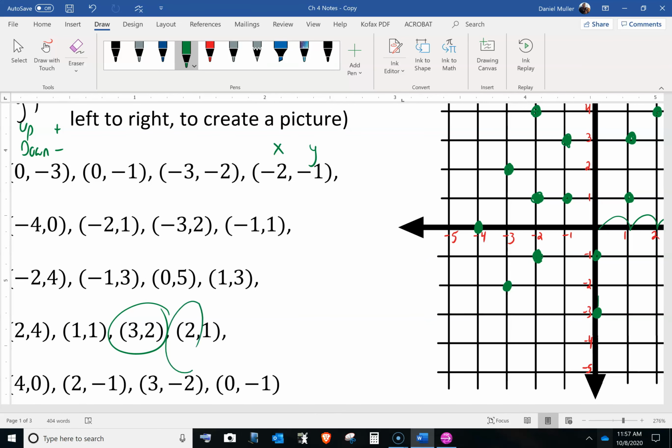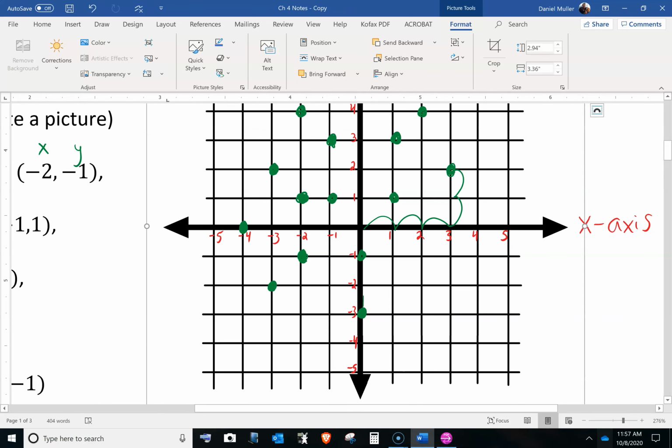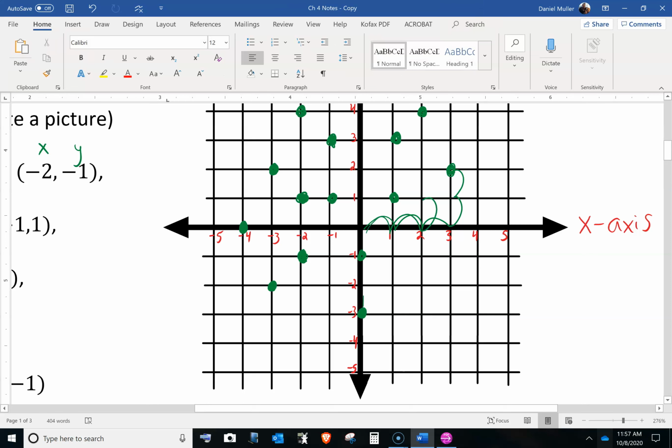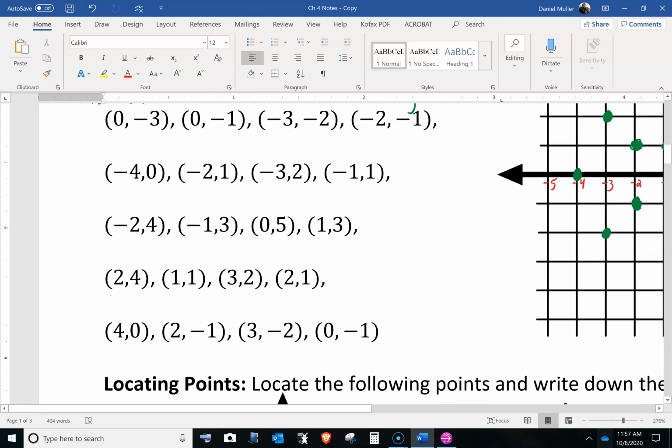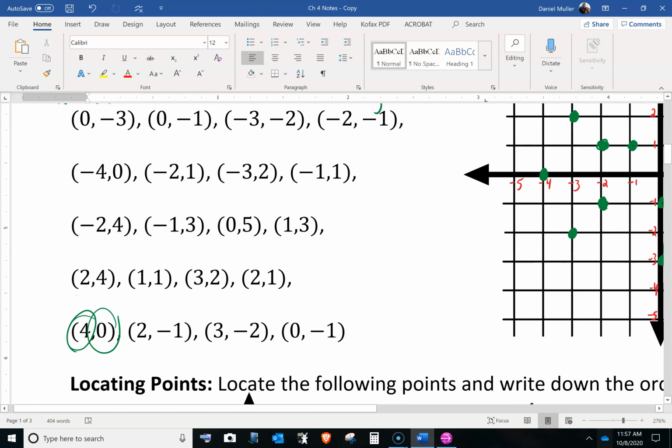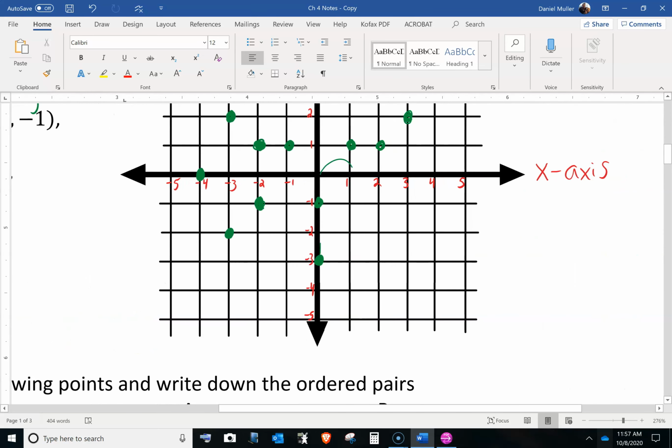And lastly, we're going to go right 2 and up 1. Okay, and now we can do our last row. This one here, right by 4 and then up nothing, so we'll stay there.